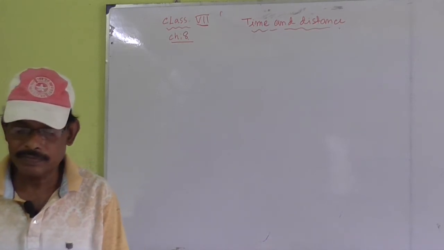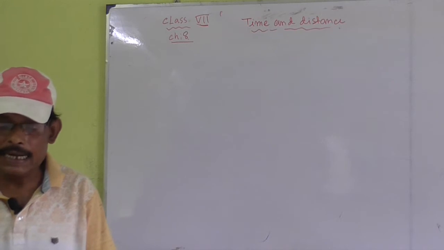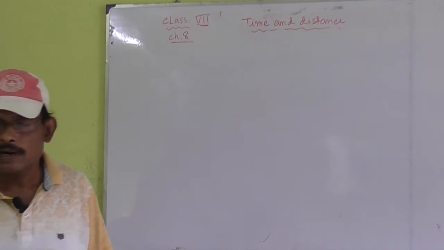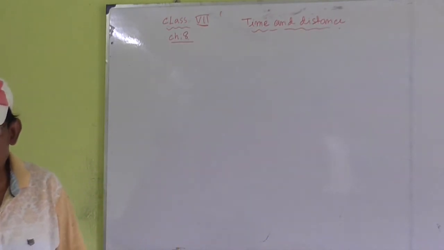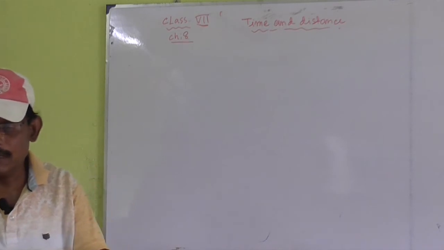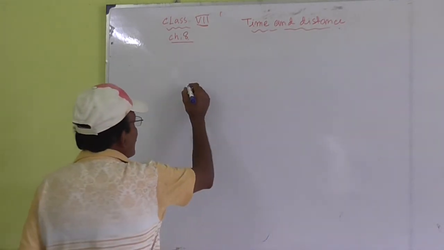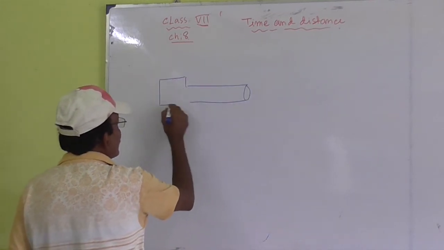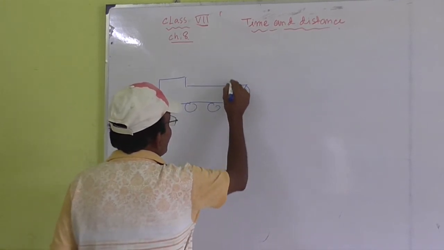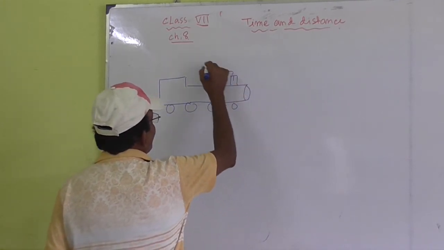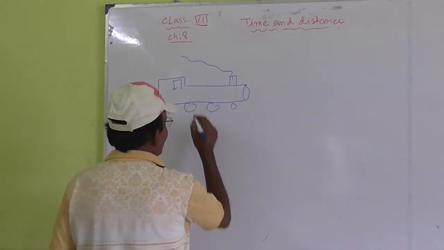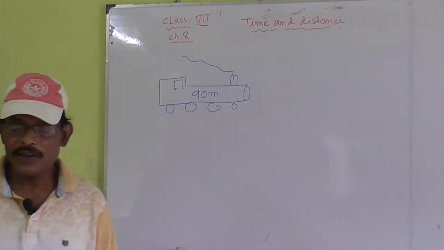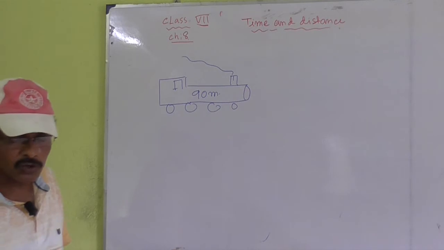Example is that, let a train, its length 90 meter, take 25 seconds to pass a pole. What is the meaning of that? A train, its length 90 meter, clear, passes a pole and takes 25 seconds to cover the pole.